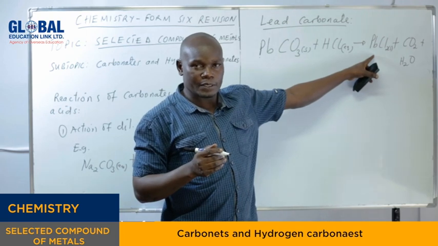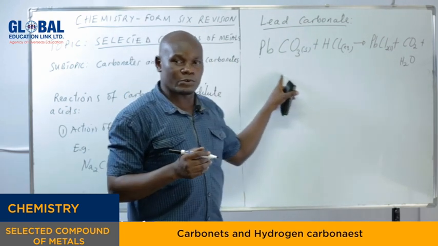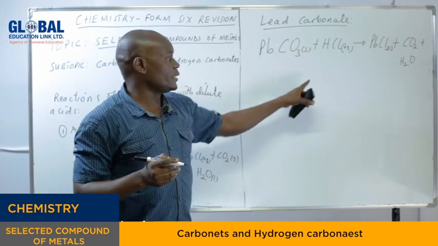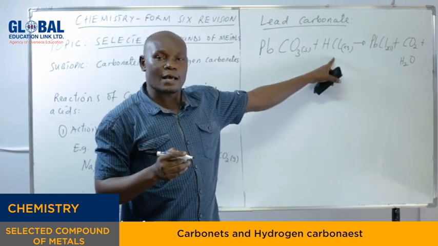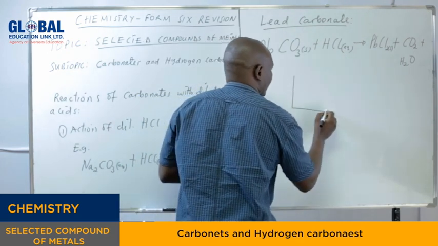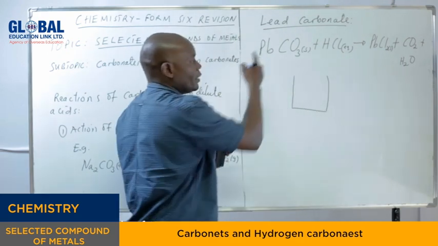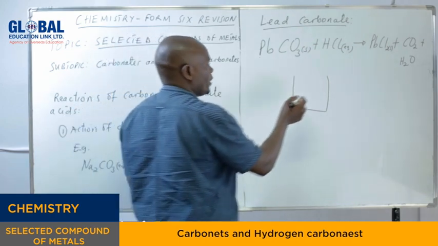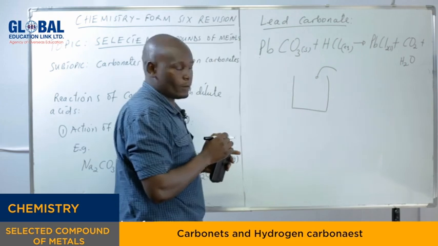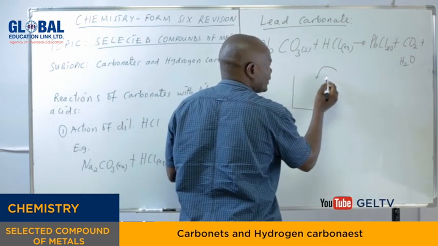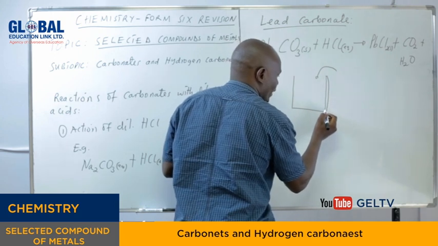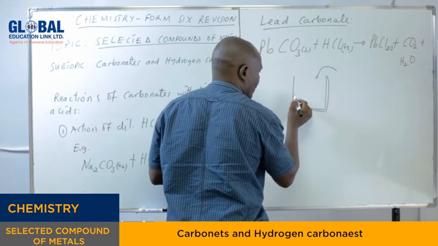So that's why a vessel made of lead carbonate can be used to transfer acids. If this is our vessel made of lead carbonate, then when you pour in the HCl, just a very small amount of HCl will react and form a coating layer.